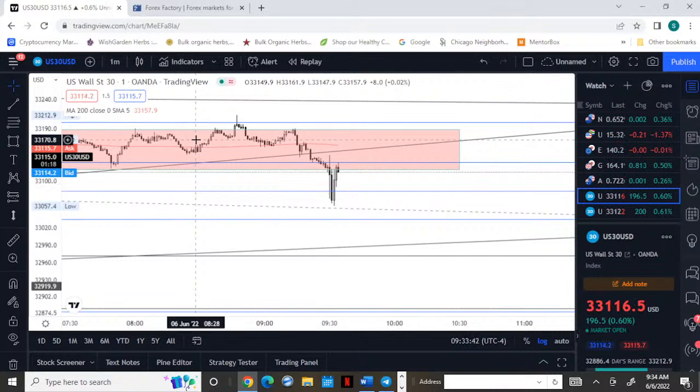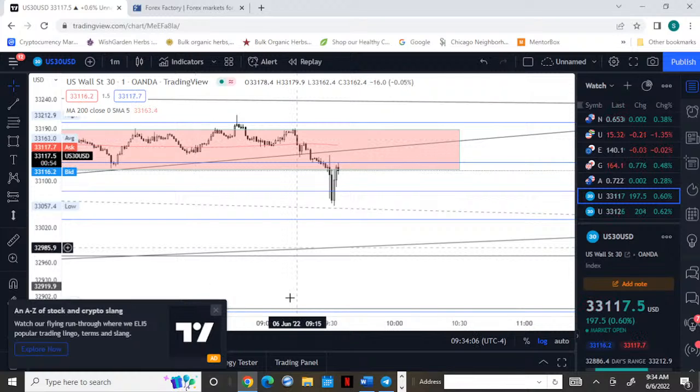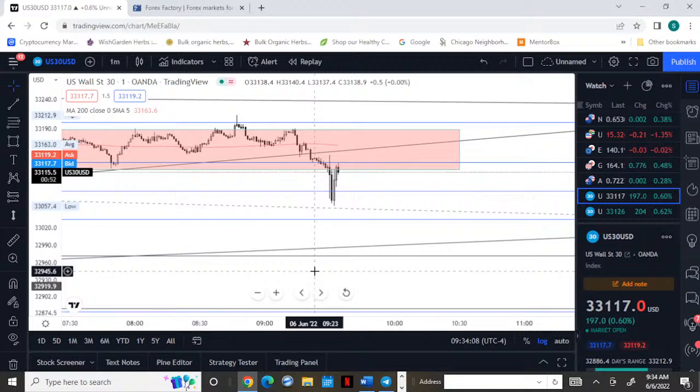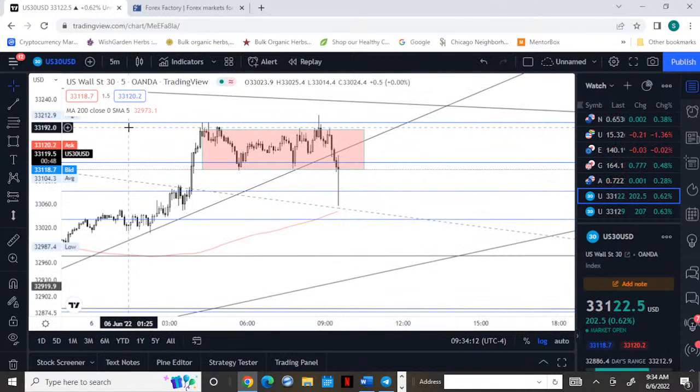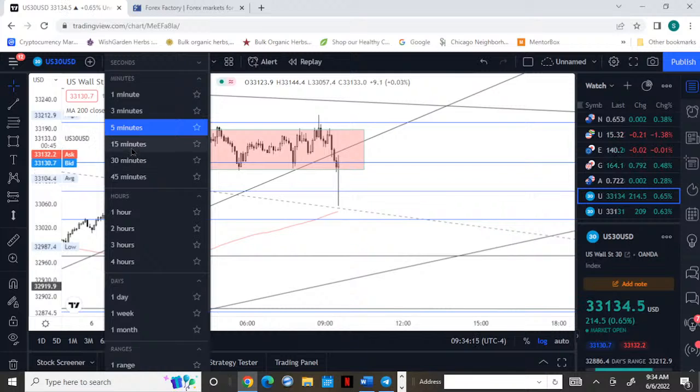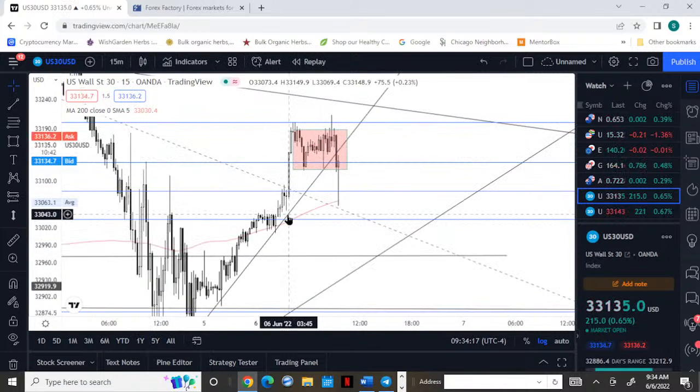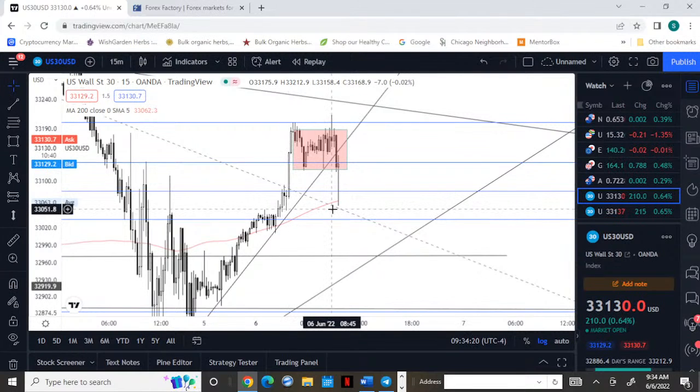We got 1 minute till this 5 minute candle closes. And it looked like it just came and touched the 200.